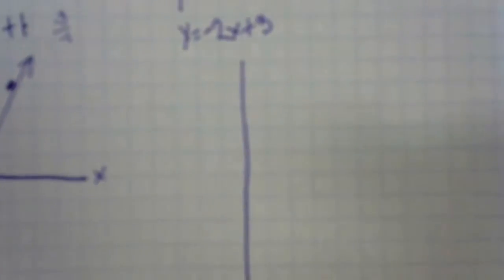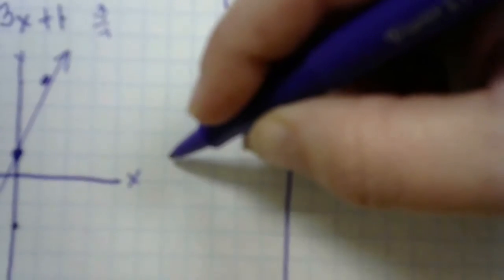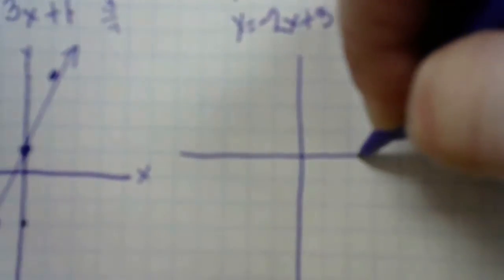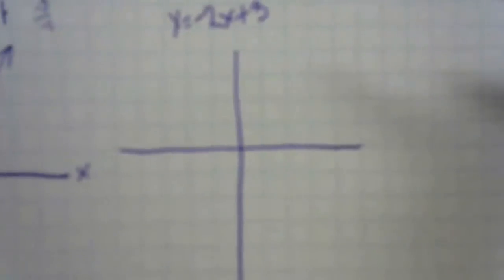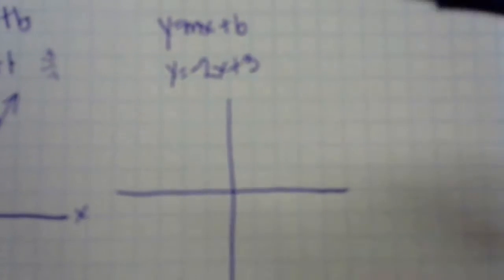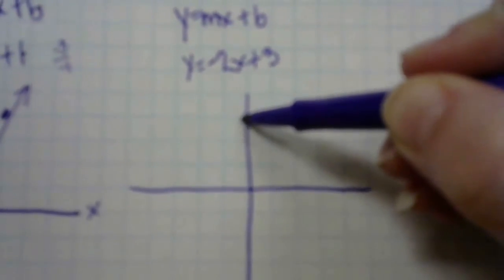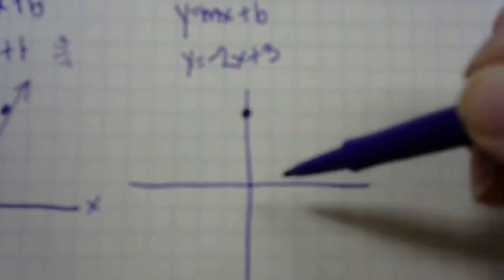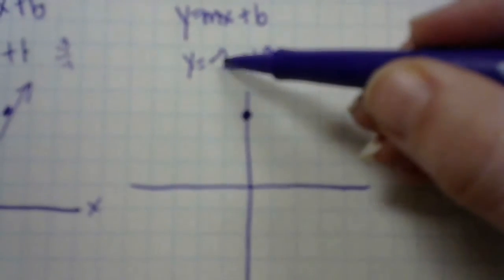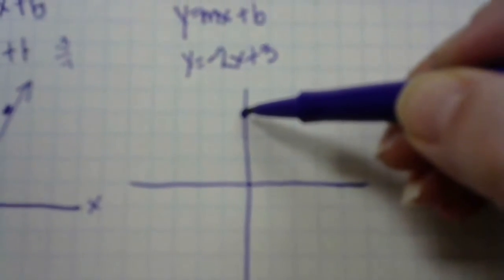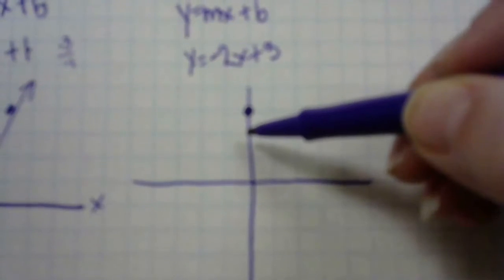Okay. So if I did my little coordinate plane, okay, so I know that my b is where I cross the y-axis. This is positive 3. It's plus 3. So I'm going to go 1, 2, 3, and there's a dot right here. Okay, my slope is negative 2. So that means I'm going to have to go in a negative direction then a positive.